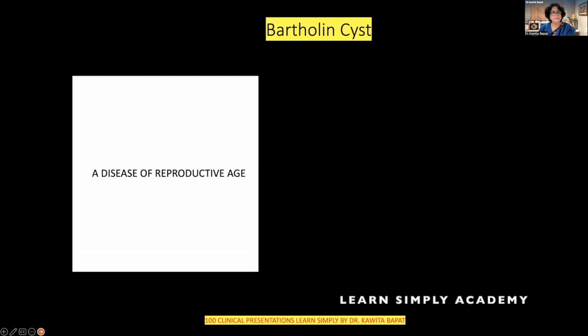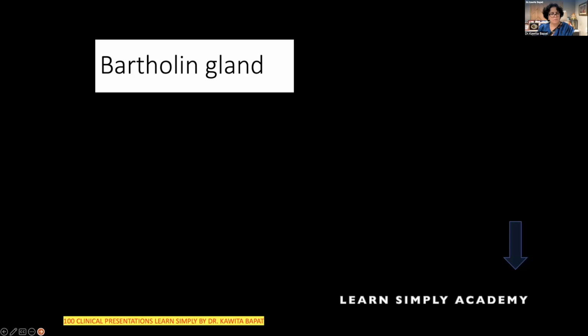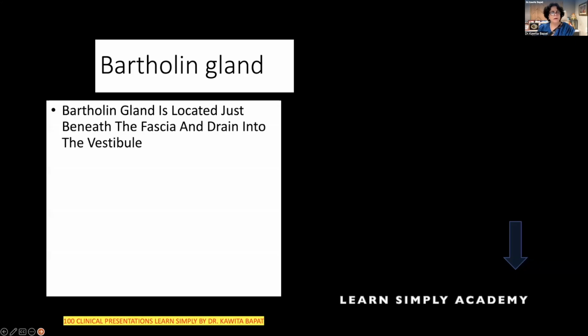So Bartholin cyst is basically a disease of reproductive age, and this type of swelling you can see on the vulval side, which is extending inside also, and it's not that uncommon. The Bartholin gland is located just beneath the fascia and drains into the vestibule. It is 0.5 centimeter in size.